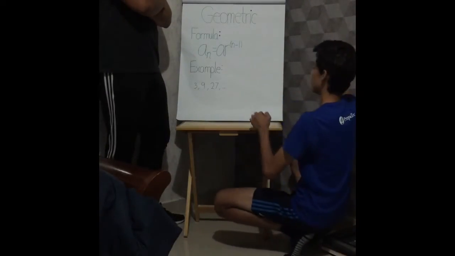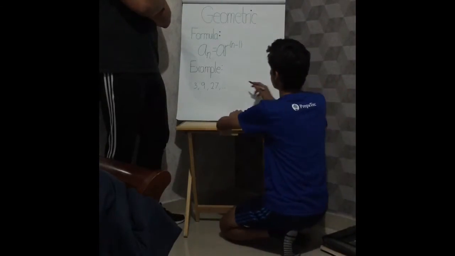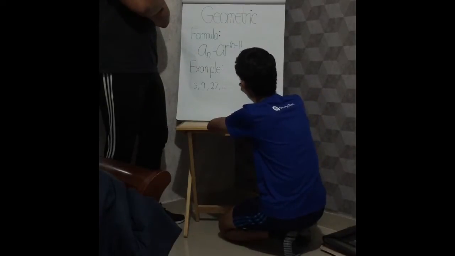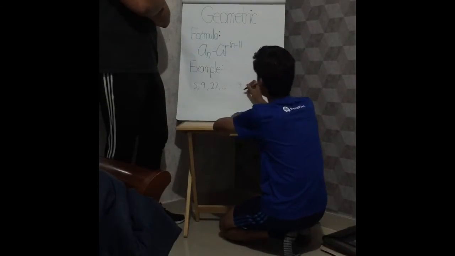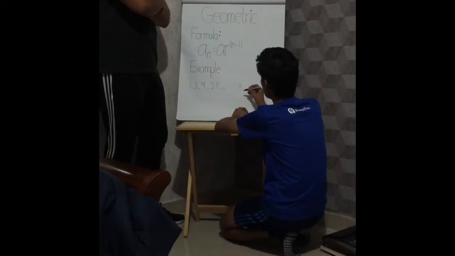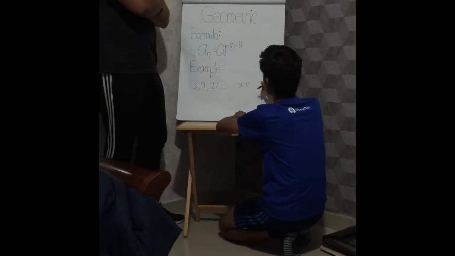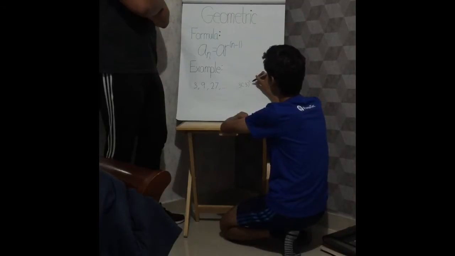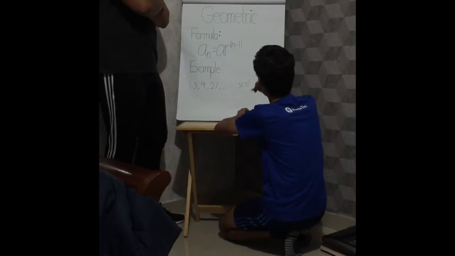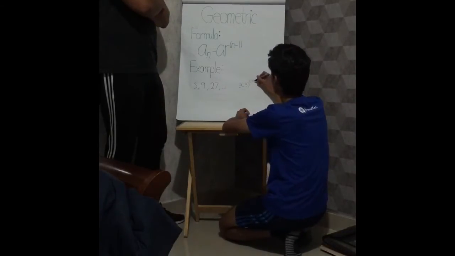We need to find the fourth term, so we put 3 times r, that is 3, raised to the power of 4, that is the term we need to find, minus 1.